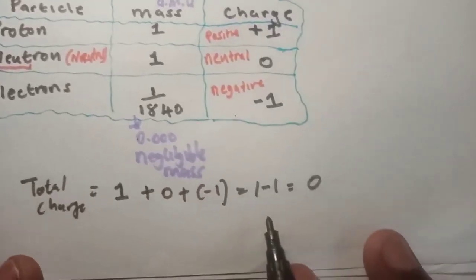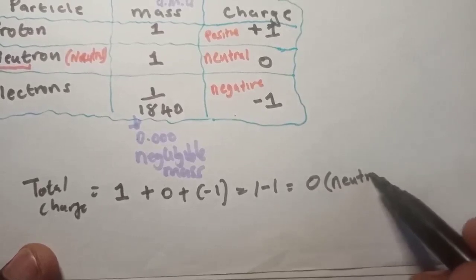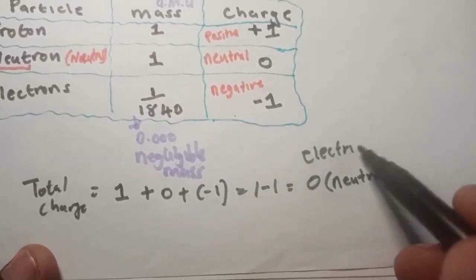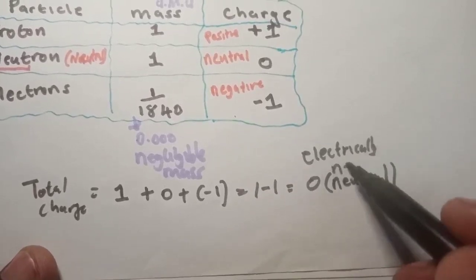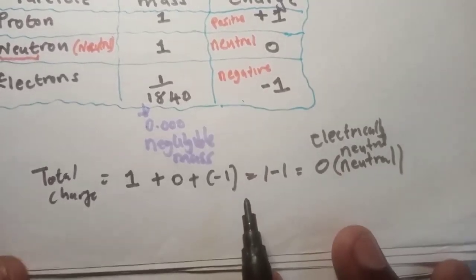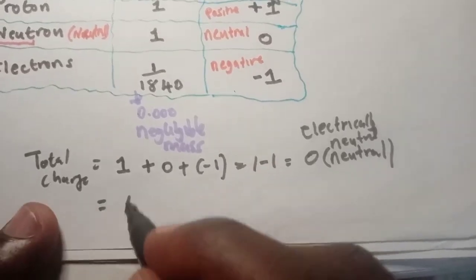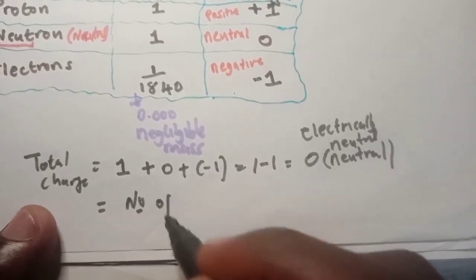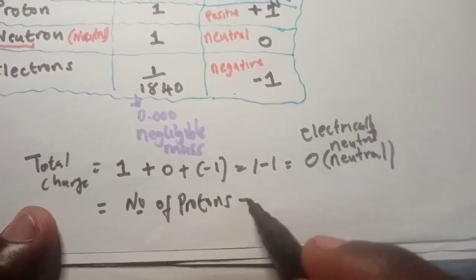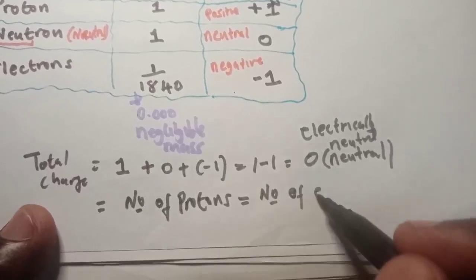So what does 0 mean in terms of charges? It simply means that the atom itself is electrically neutral. This is because the number of protons is equal to the number of electrons.